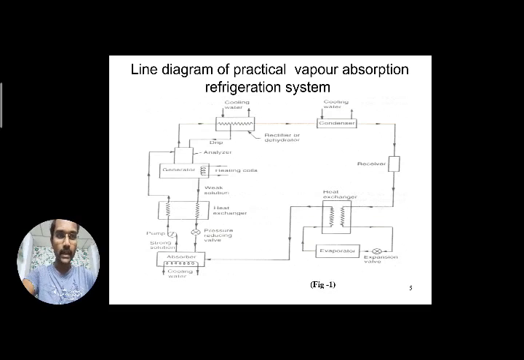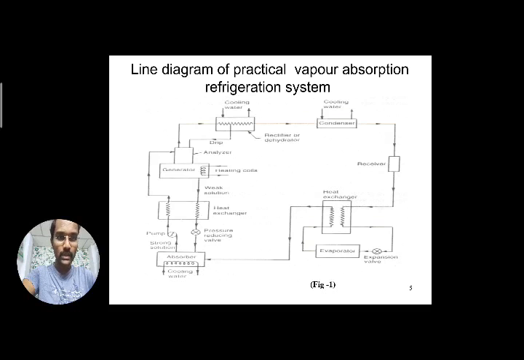The second heat exchanger is placed in between the receiver and the evaporator component. From the receiver a pipeline comes here, that circuit enters here, and next it enters the expansion valve.